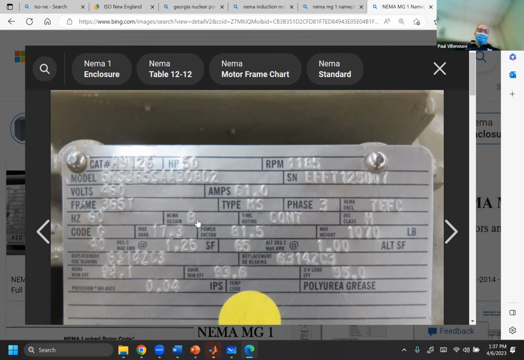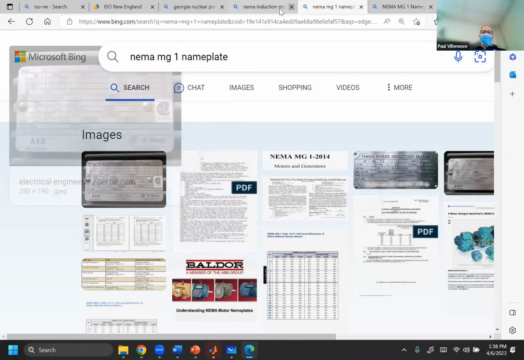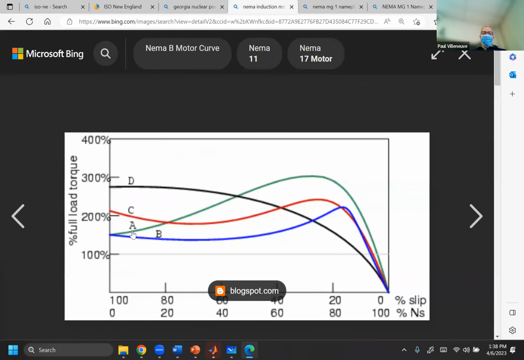And like I said, most of the motors, I don't think I've ever seen a non-NEMA B, is the standard, because our mechanical engineering friends, the characteristics that they really want are this. They want it to be able to start running, but if it's driving that pump that really doesn't start putting out any real power until you get a fair amount of speed, then this is where I want it to be operating.